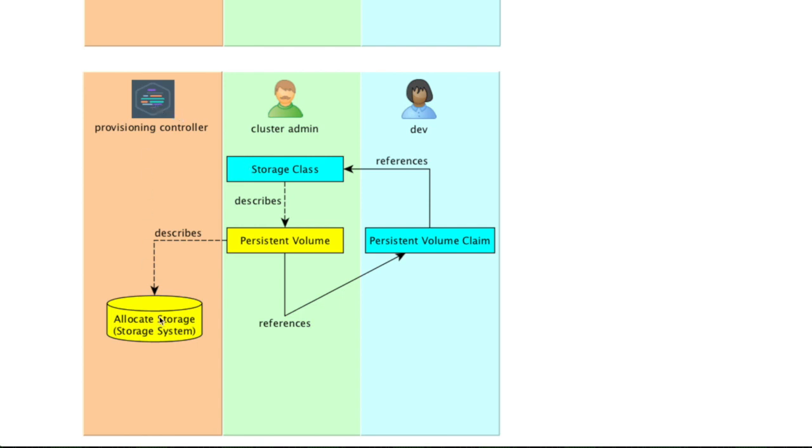Therefore, it's able to allocate new storage, and then within the cluster, it creates a persistent volume that describes this storage. And when it creates this, it creates it with a reference to the persistent volume claim. That way, we can ensure that the Kubernetes cluster is going to bind my persistent volume and my persistent volume claim.